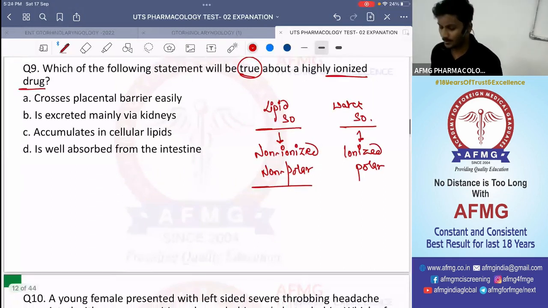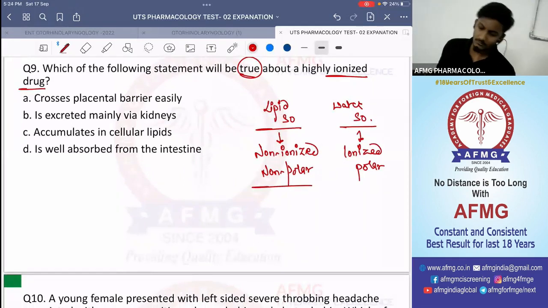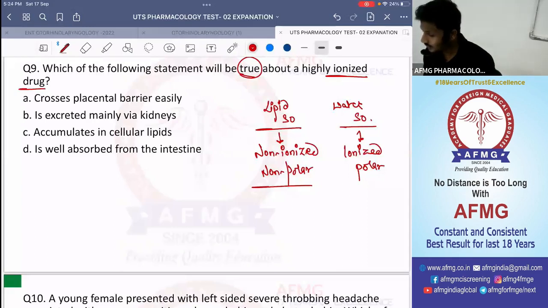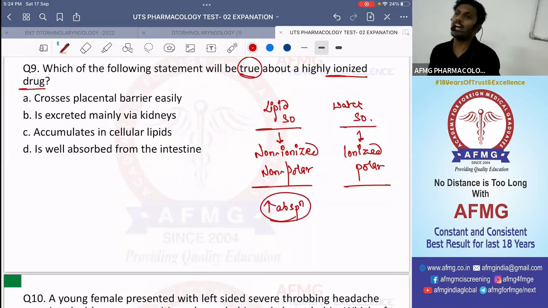The cell membranes are mainly made up of lipids, and therefore the lipid soluble drugs can easily pass the cell membrane. Therefore the lipid soluble drugs will have high absorption, because they can easily cross the barriers and the membranes.